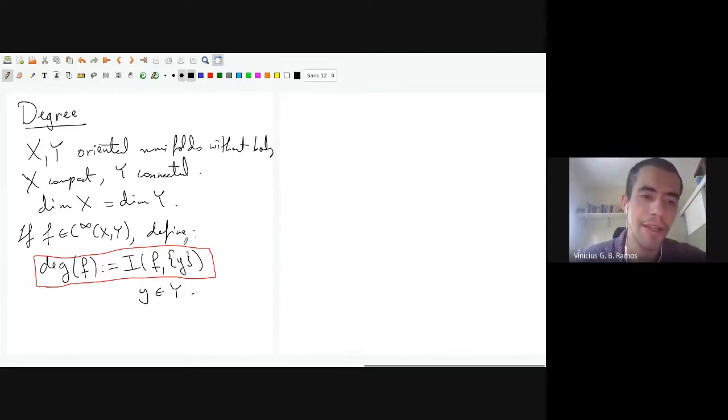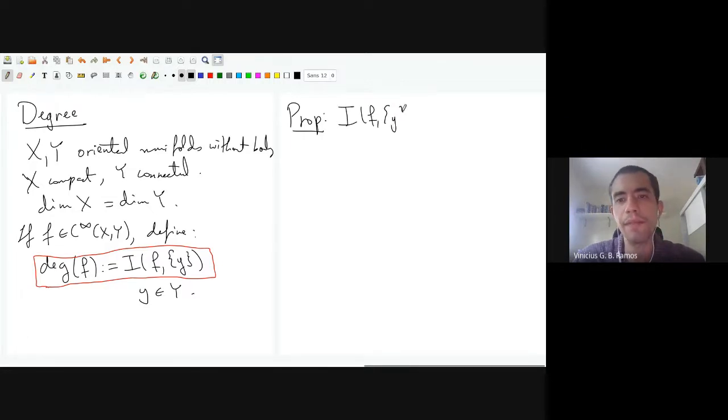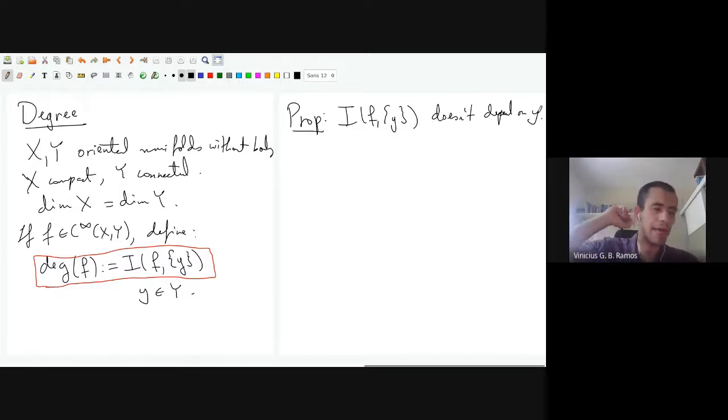Well, you need to show that this does not depend on y. Proposition: this intersection number doesn't depend on y. Okay, so this is where we are going to use the fact that the manifold Y is connected. Otherwise, it depends on the connected component.